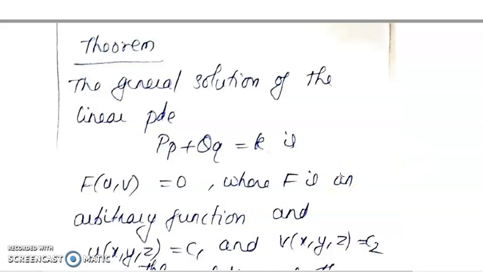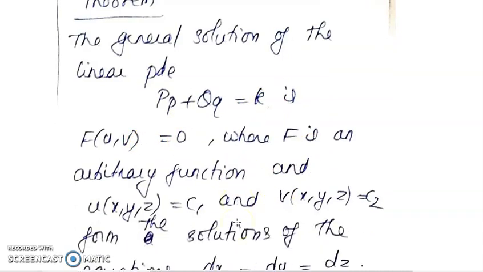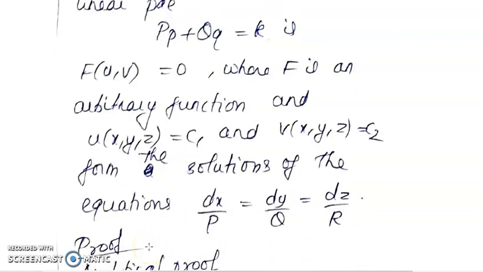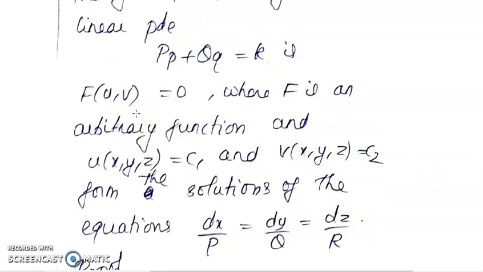So the theorem says that the general solution of the linear PDE Pp plus Qq equal to R is f of u, v equal to 0, where f is an arbitrary function, and u of x, y, z equal to c1 and v of x, y, z equal to c2 form the solutions of the equation dx by P equal to dy by Q equal to dz by R. So that is the form of the solution of a first order linear PDE.